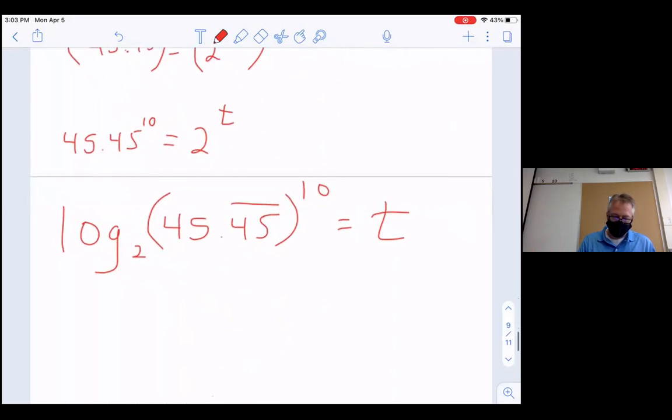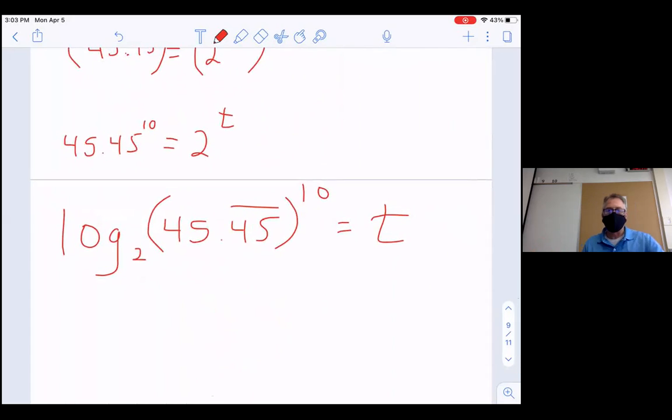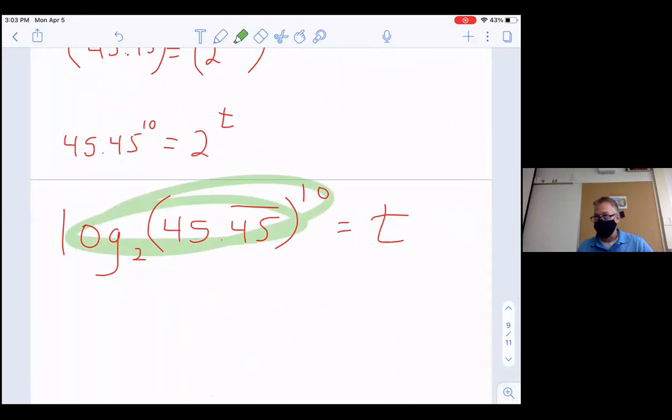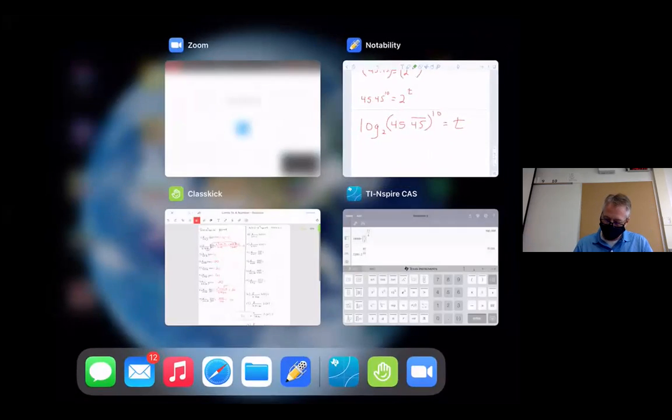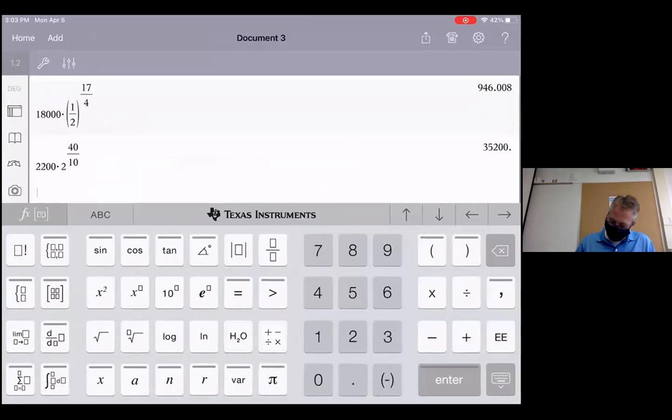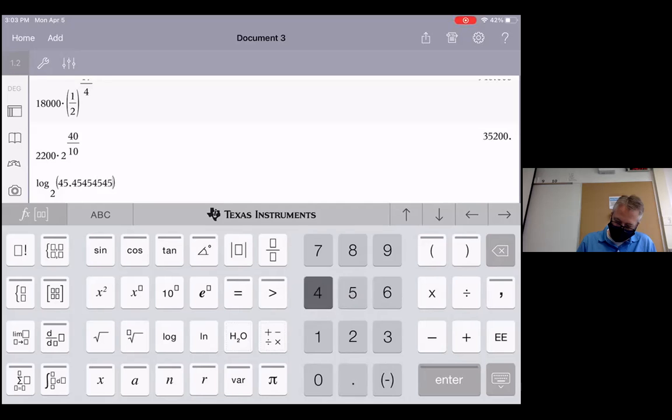Okay, so the question was, what's the result? So this, we would then plug into our calculator. As an approximate, I could do, where is my log button? There we go. Log base 2 of 45.45, and I know that was repeating.